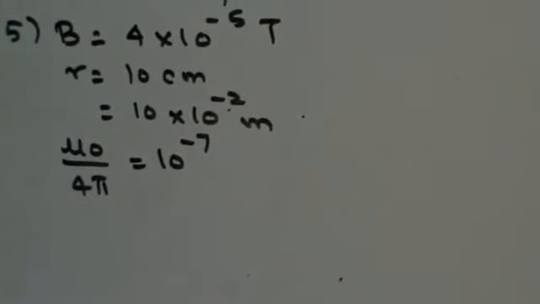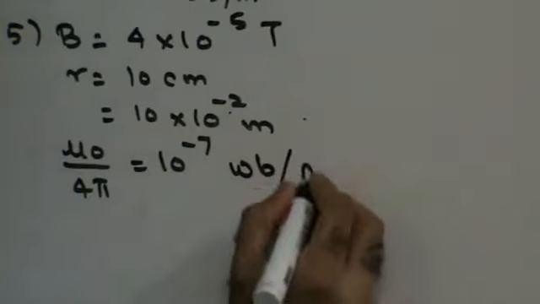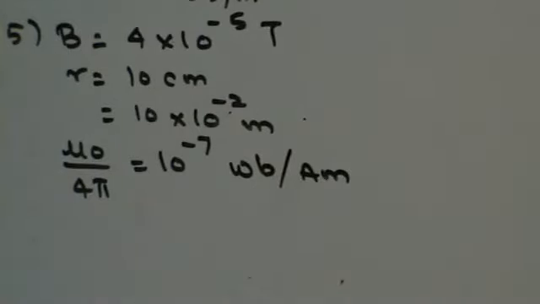If mu 0 upon 4 pi is 10 raised to minus 7 Webers per ampere meter, find the dipole moment.